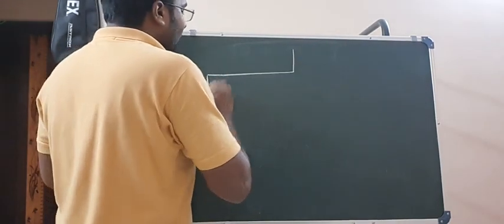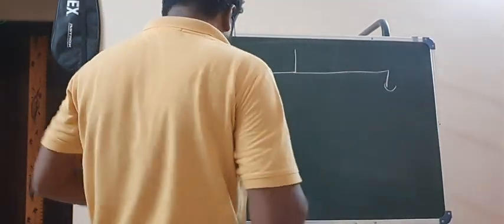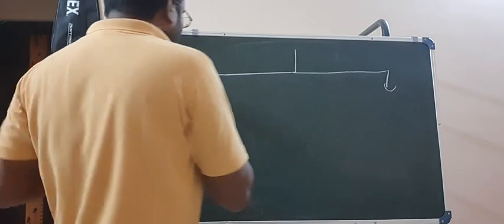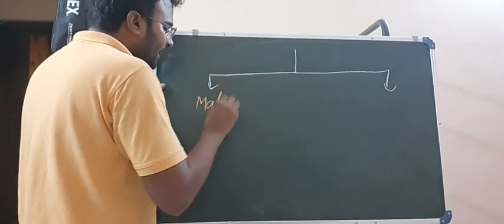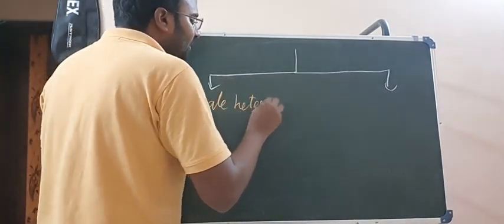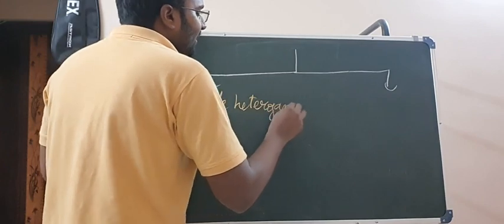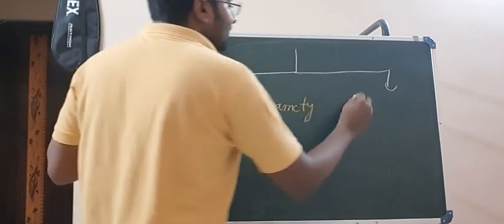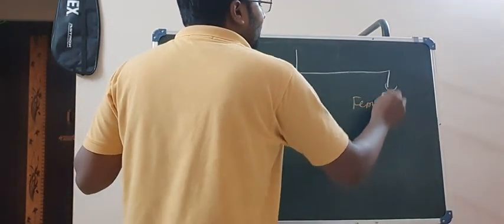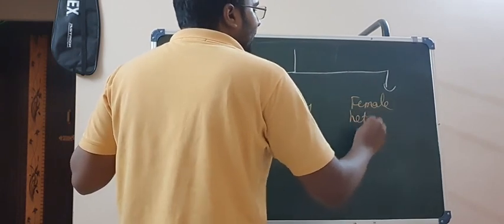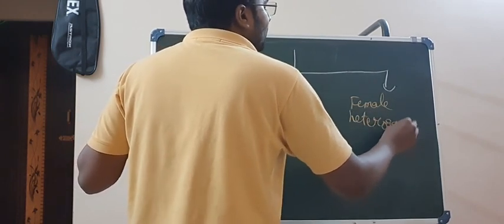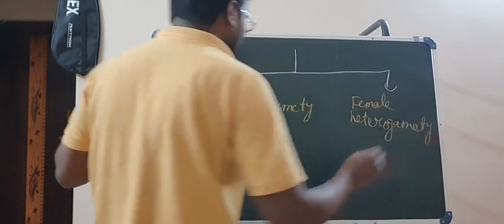So now let us see a flow chart. Let us see both of them. The first one, if you take male heterogamety type of gender determination. Second one, if you take female heterogamety type of gender determination.